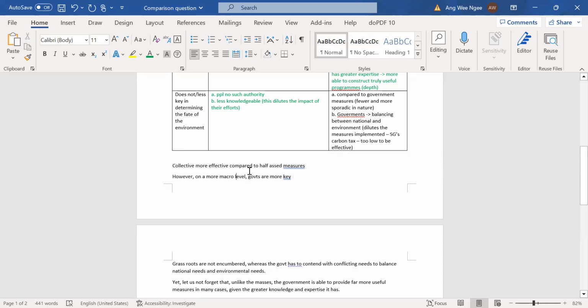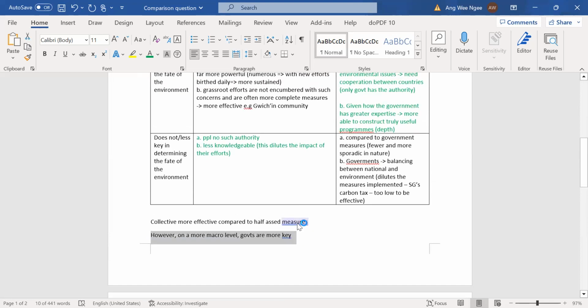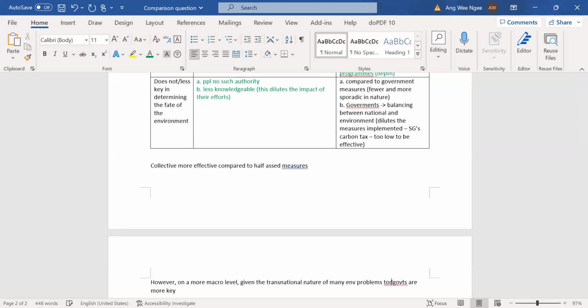So despite the collective being more effective, this is perhaps only at a certain level, but we have to think about how on a more macro level, given the international, transnational nature, governments are more key.